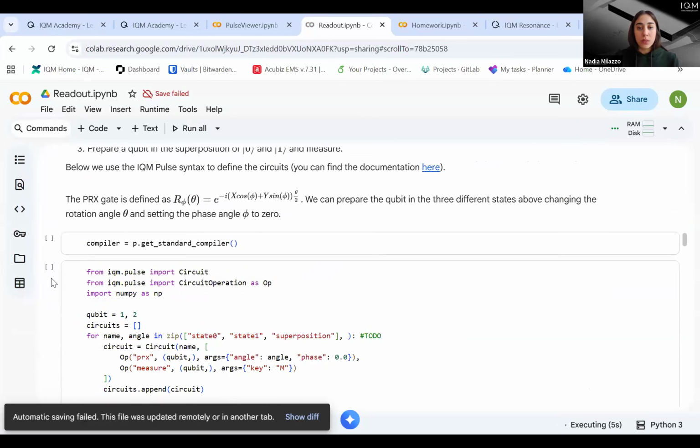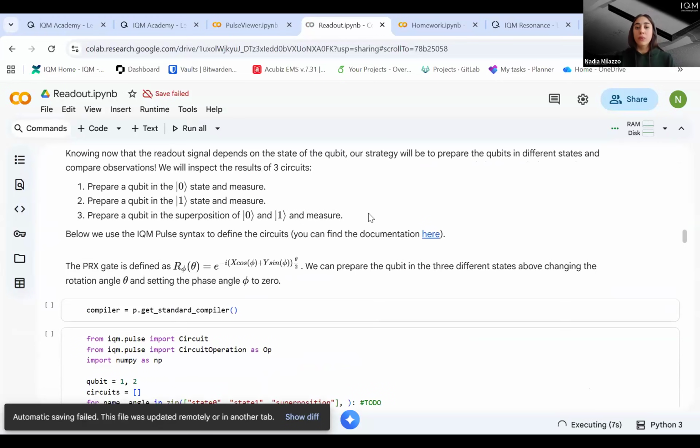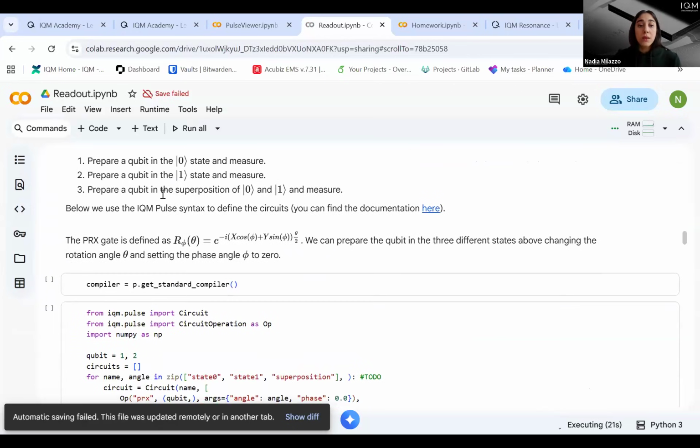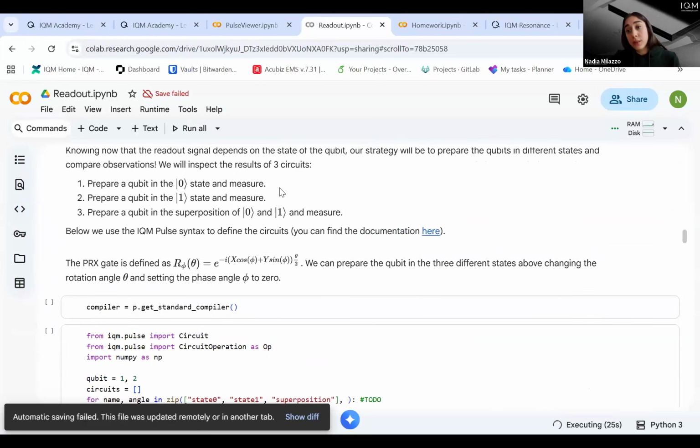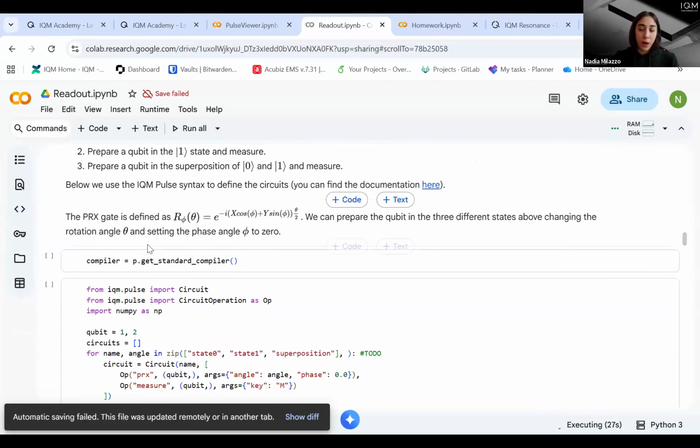So while it installs, let's already think about how we can prepare the qubit in these 3 different states. And here you have links for the documentation to the pulse level access packages of IQM. So to actually prepare a state and then measure it to see what the outcome is, we still need to have the definition of the gate that we want to implement.